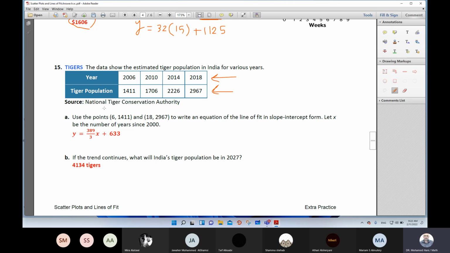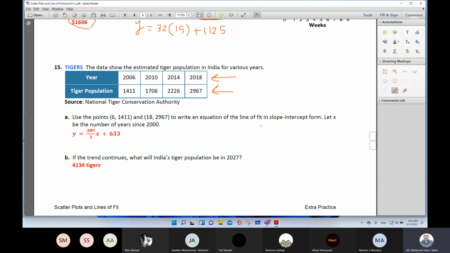Now, National Tiger Conservation Authority. So use the points. We have the first point (6, 1411), means here the first one, and (18, 2967) to write an equation of the line of fit in slope intercept form.